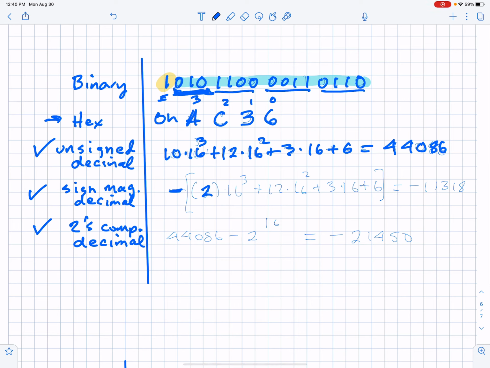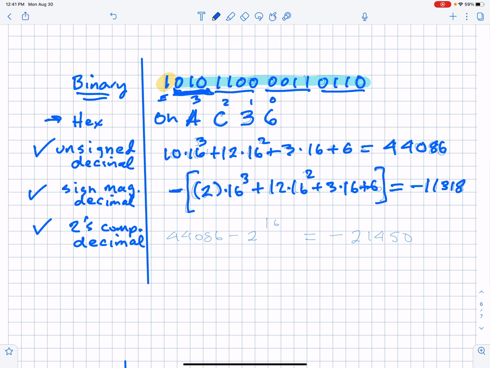All right, so this would be 2 times 16 to the third plus C is 12 plus 3 times 16 plus 6. Okay, so if I did the arithmetic on that right, you get minus 11,318.